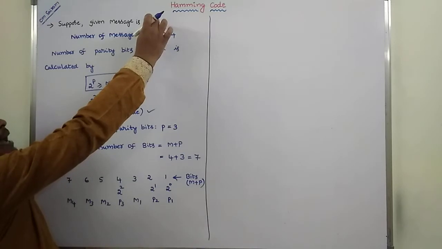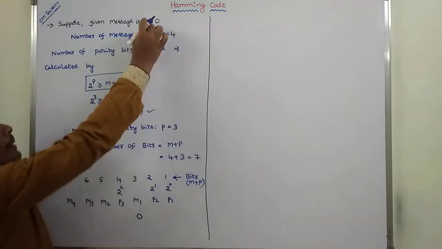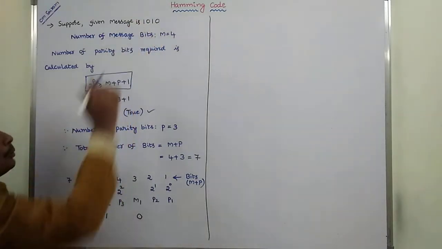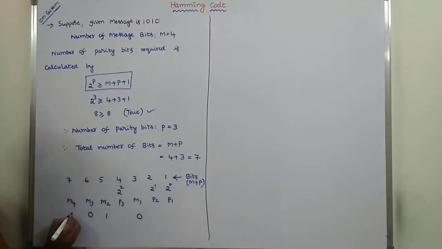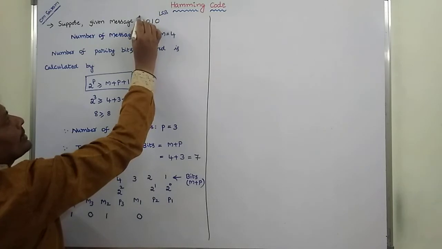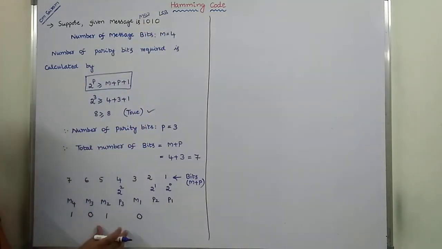M1, on the LSB side, is 0, M2 is 1, M3 is 0, and M4 is 1. This is the LSB and this is the MSB. Based on that, we insert these values.